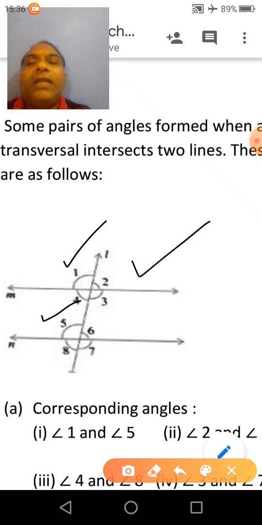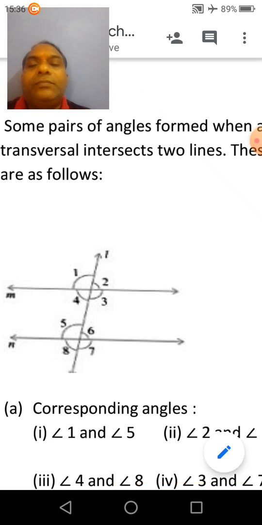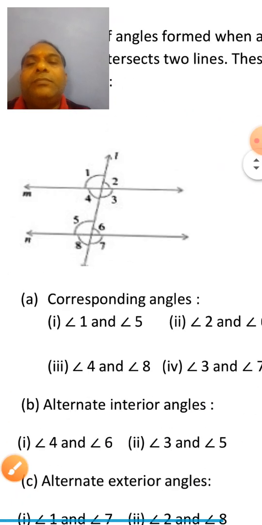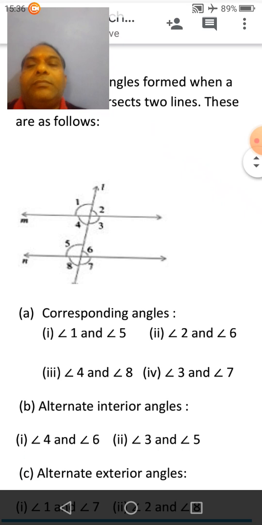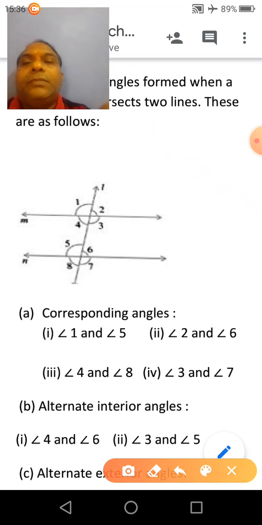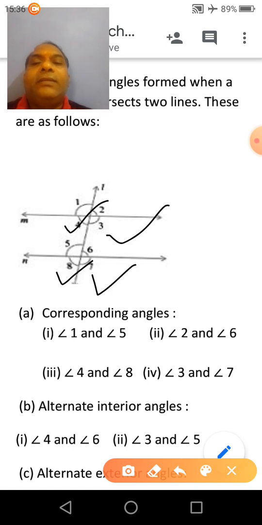Similarly angle 2 and angle 6 are corresponding angles. Similarly angle 4 and angle 8 are also corresponding angles. Angle 3 and angle 7 are corresponding angles. Clear?